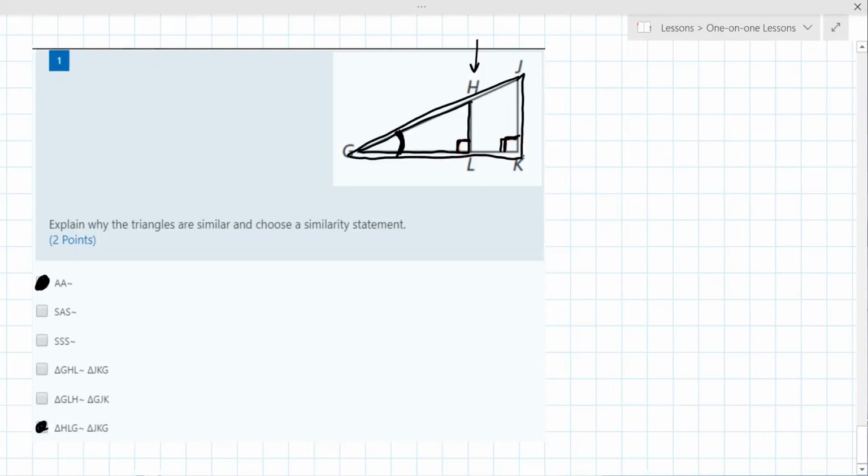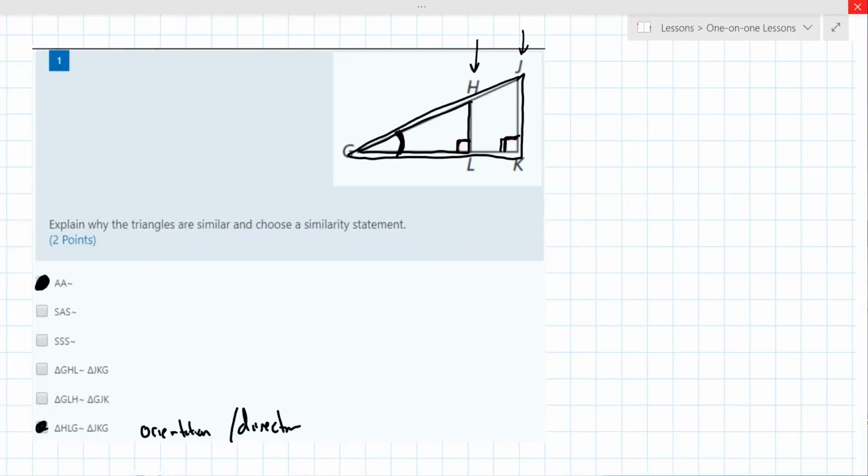This one is J, K, G. You start here up at the corner and go that way to get it. So the orientation, the direction, matters. It's actually much easier to just write a similarity statement because you can choose many to write from. A little harder when you have to pick it here.